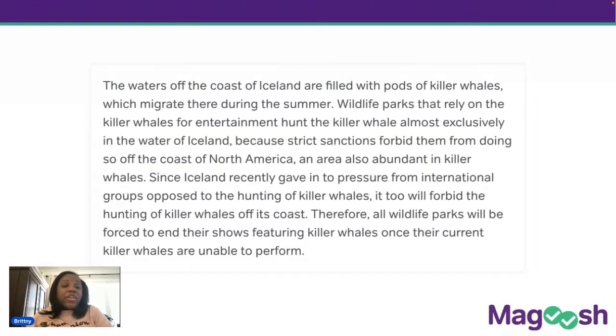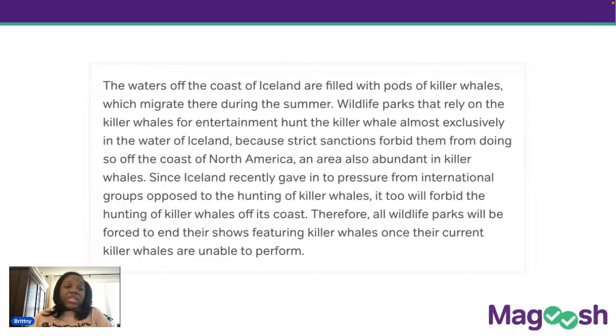It says, the waters off the coast of Iceland are filled with pods of killer whales, which migrate there during the summer. Wildlife parks that rely on the killer whales for entertainment hunt the killer whales almost exclusively in the waters of Iceland, because strict sanctions forbid them from doing so off the coast of North America, an area also abundant in killer whales.